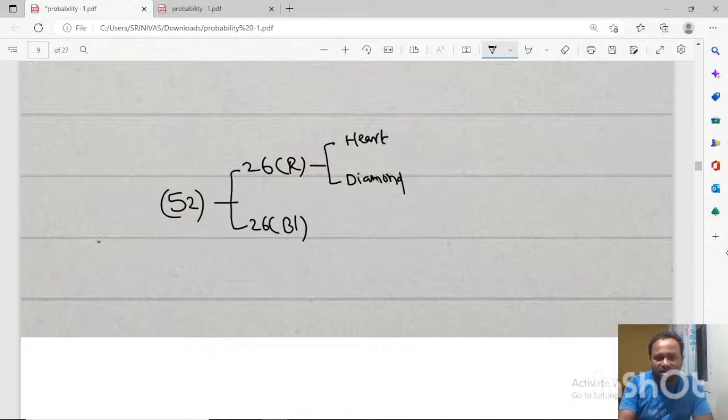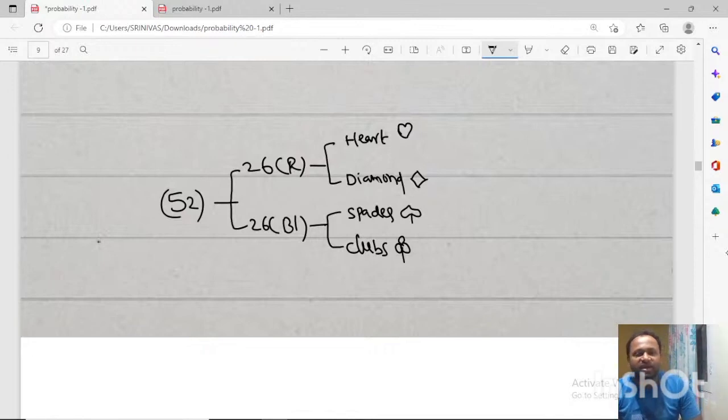The black cards are spades and clubs. Each contains 13 cards: 13, 13, 13 as well as 13.